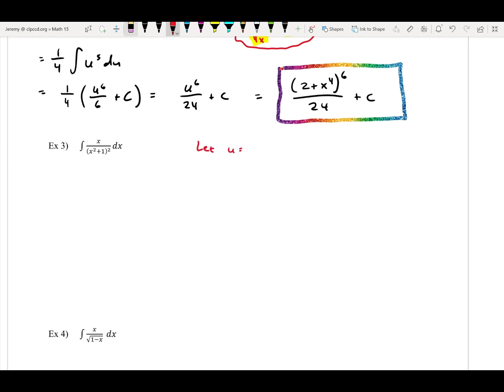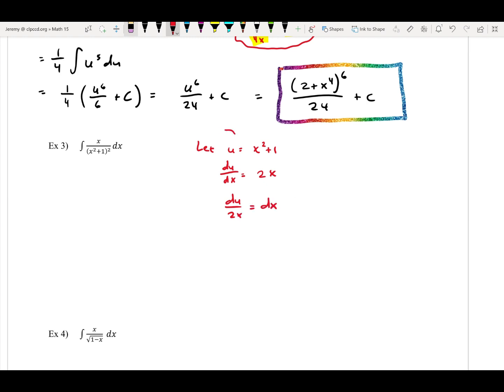Let's let u equal x squared plus 1. And we'll take the derivative, du dx is going to be 2x. Okay, I'm happy to see that it's just 2 times x, because maybe I'll get a cancellation with that x that's in the problem. But let's keep going. Now I just want to solve for dx, so I'll get du over 2x is equal to dx.